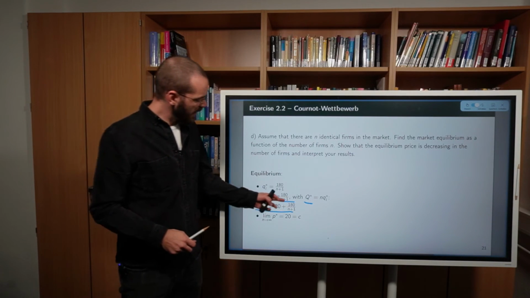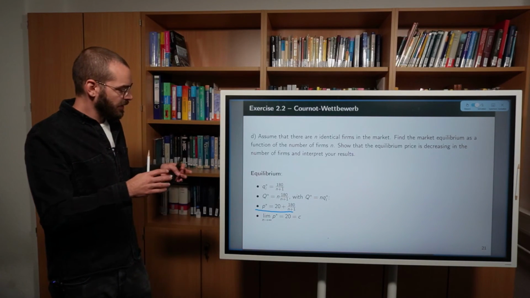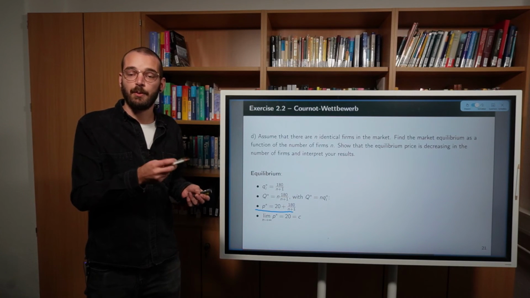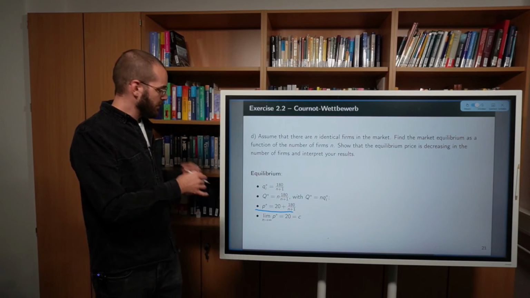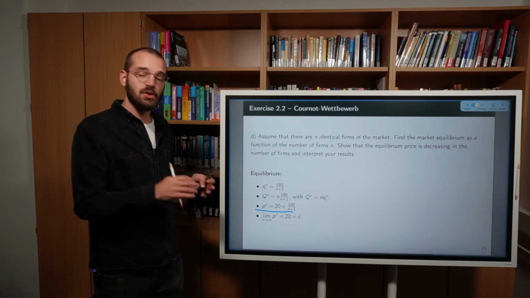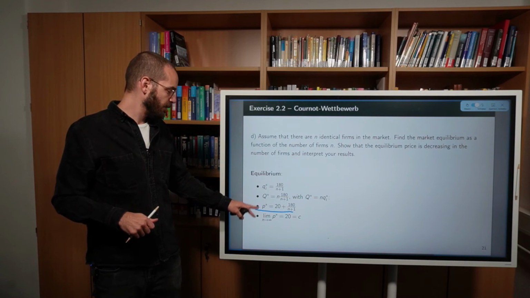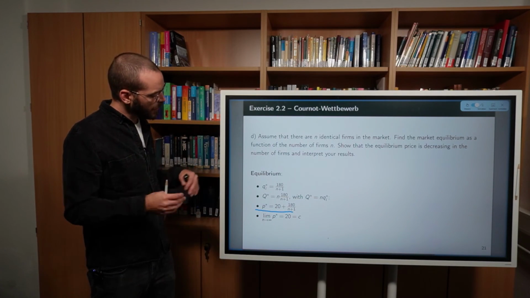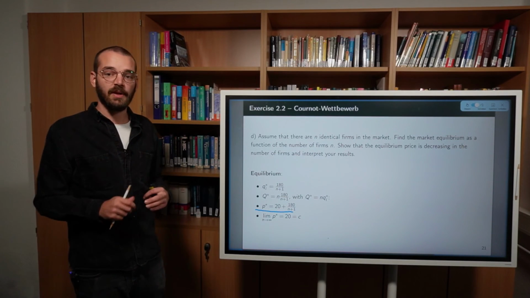The way we have phrased this price is maybe at first glance not the most obvious. Once you are doing the calculations yourself, you will notice that there's maybe one or two additional steps needed in order to bring it into this particular form, which reads P star, the equilibrium price, equals 20 plus, as a fraction, 180 divided by n plus 1.